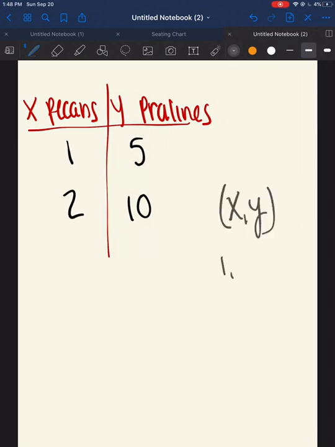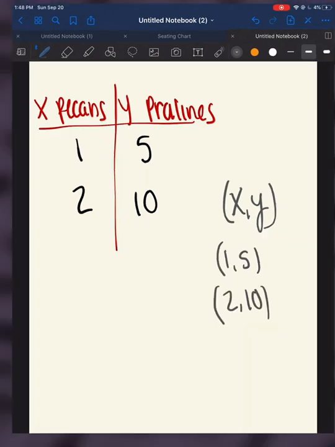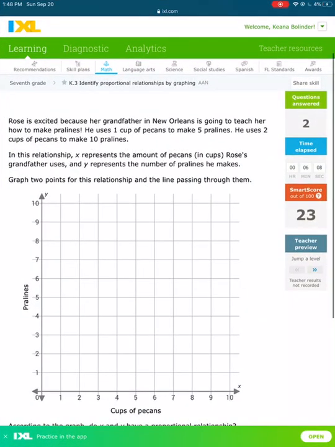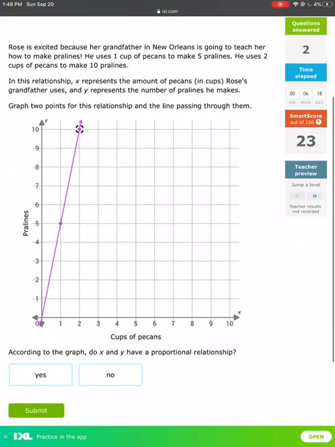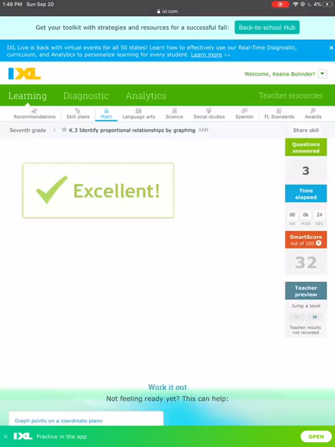Okay, so I have 1, 5, and then I have 2, 10. So here are my points. Now I need to go back to my graph and graph it. So I'm going to go over 1, up 5, and then I'm going to go over 2, up 10. Does this pass through my origin? Yes. So these points are proportional. All right.